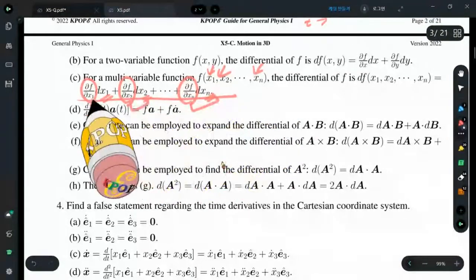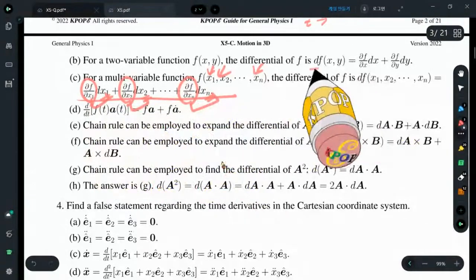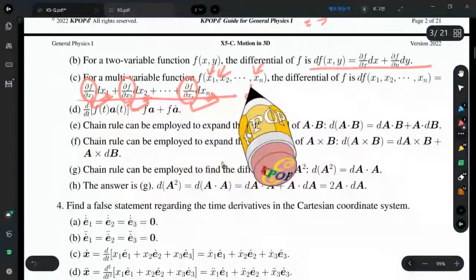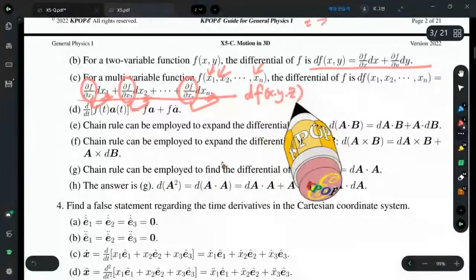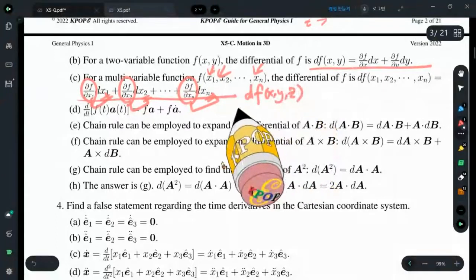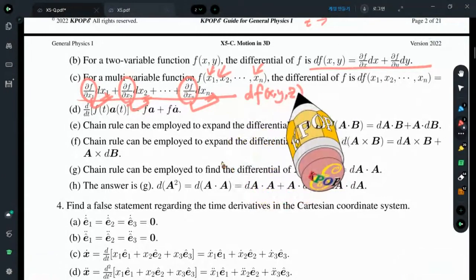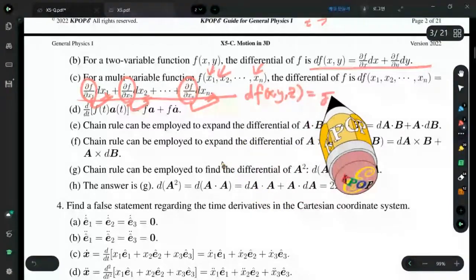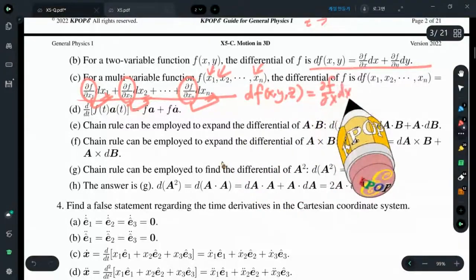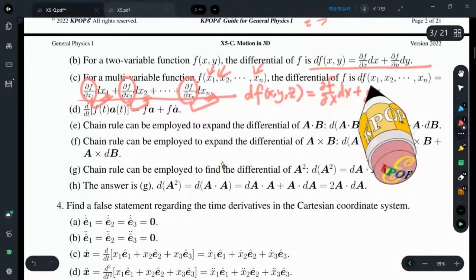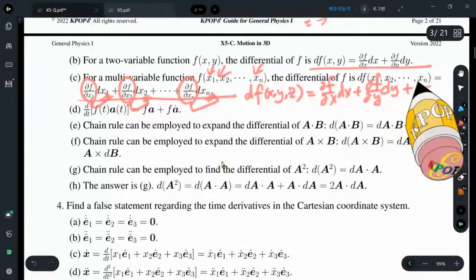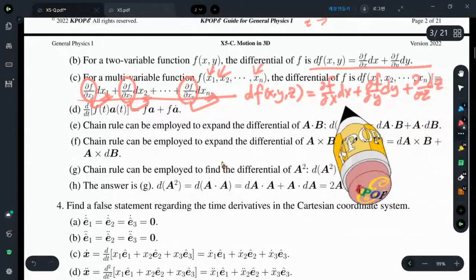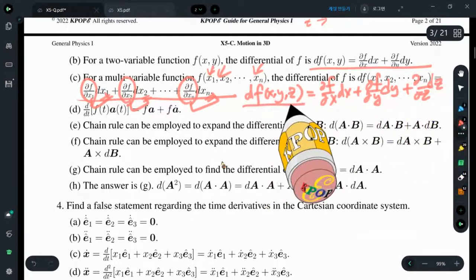They are the same. So, for example, if we have a three variable case x, y, z, it is the x derivative times dx, y derivative times dy, and z derivative times dz. Then it is the total differential.